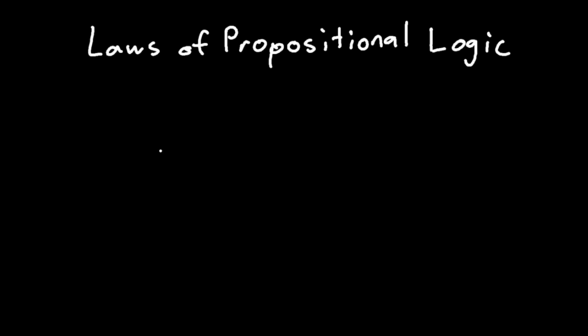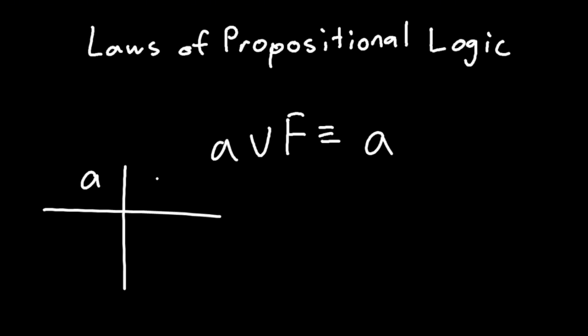All right. Next law, you have the identity law. But if you have an A and you OR it with a false statement, this simply becomes A. It's still A. So let's say you had A right here. Let's draw the truth table, and you had A or false.